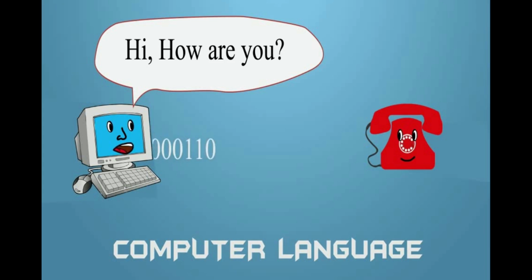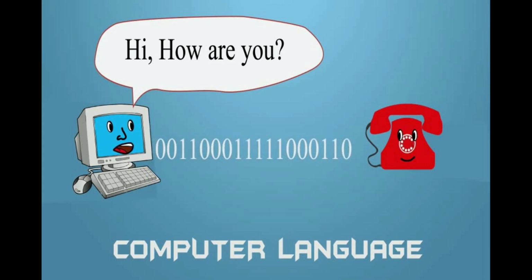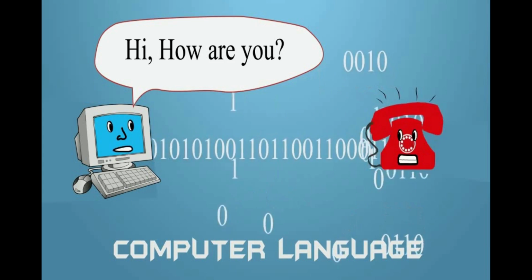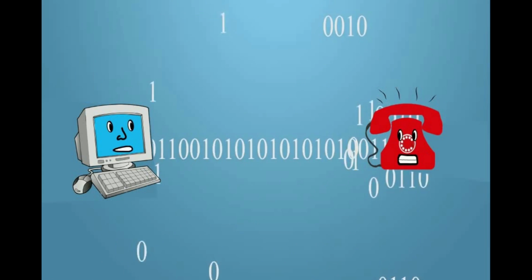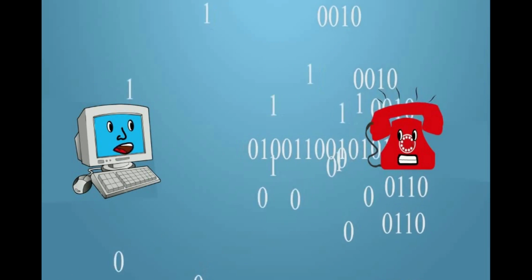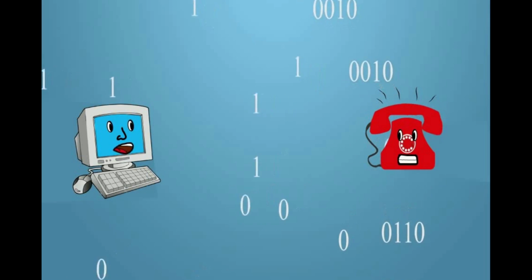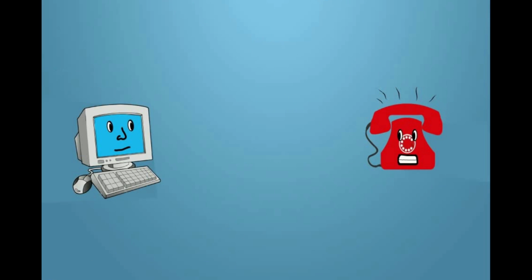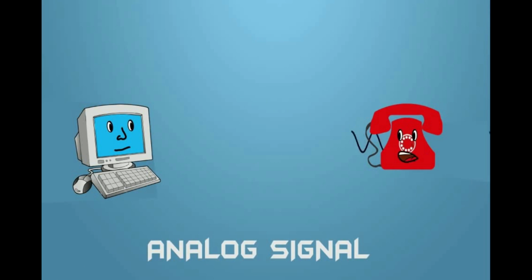But there is a problem in the continuity of this serial connection. Once we have typed the message saying hi, how are you, the computer will convert it, and the message is in the form of zeros and ones, which is the only language that the computer can understand, that is the binary language.